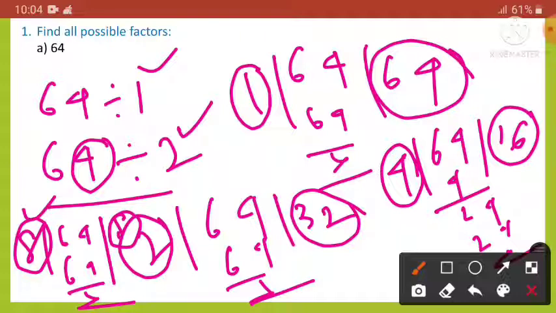Again we divide 64 by 9, and 9 is not a factor of 64 because there is a remainder, and 10 is also not a factor of 64. So what are the factors we are getting now? 1, 64, 2, 32, 4, 16 and 8. So all these are the factors of 64.